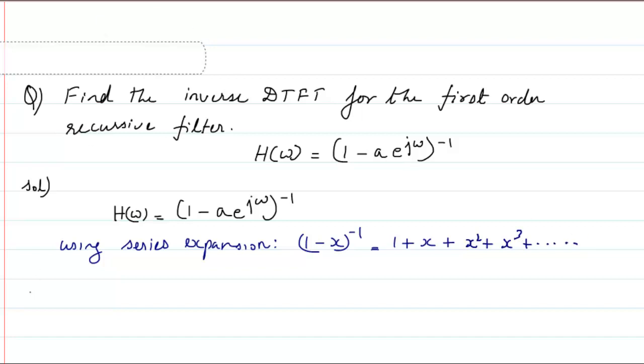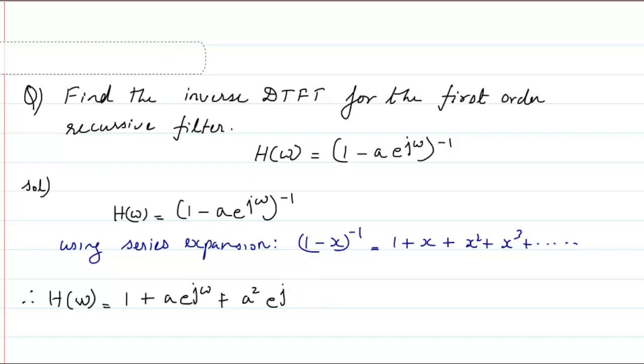So based on that, I can therefore write H of omega is equal to, if I expand it, 1 plus a e raised to power j omega plus a square e raised to power j omega square, which is j twice omega.